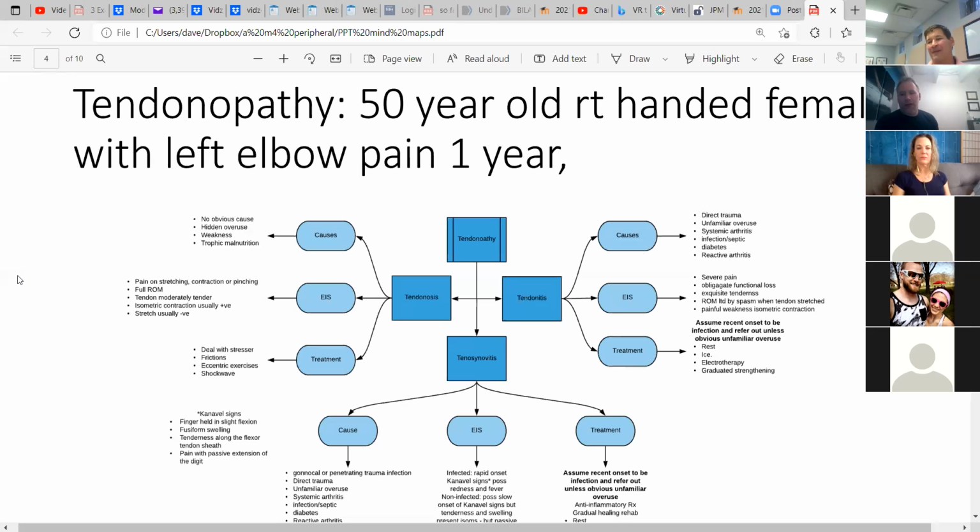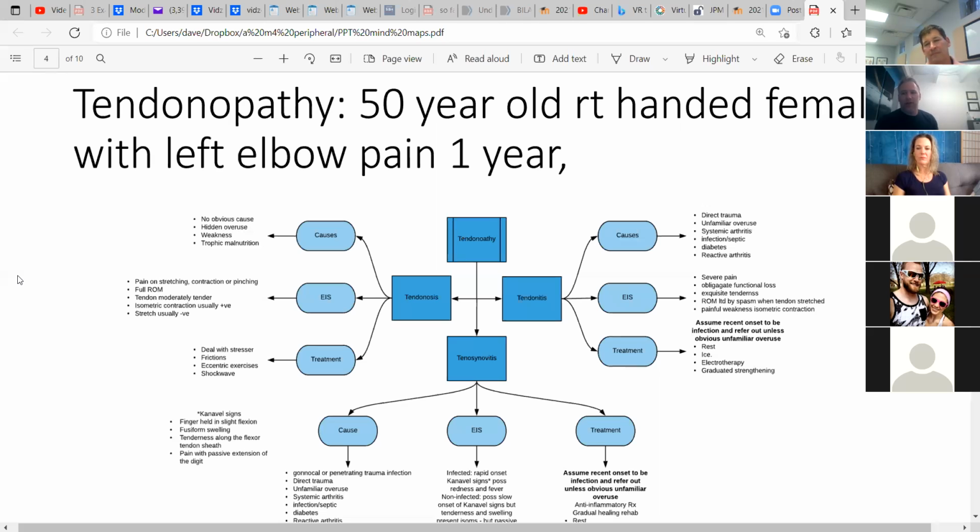How would their pain present, Drew? As far as irritating factors, what's one thing that they might have that somebody with a local pathology might not have? A correlation between movements at the neck with their pain. So this is the type of person that says they wake up with this pain, right?